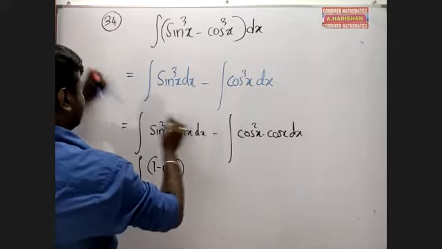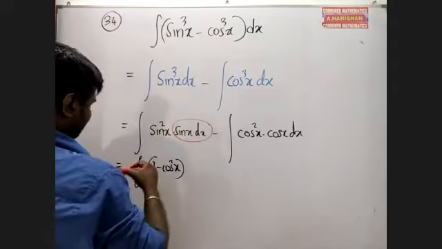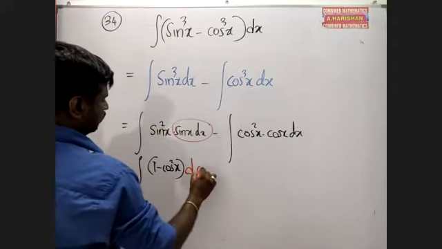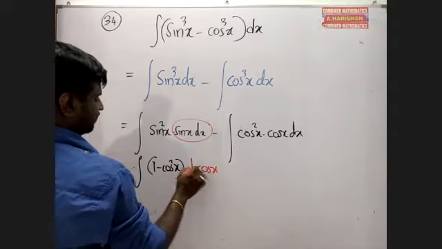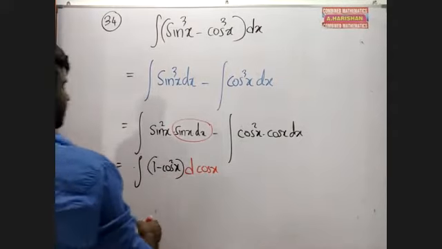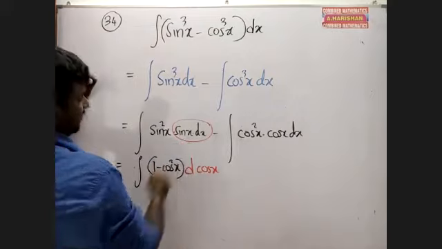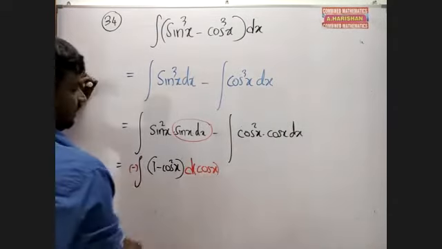At the same time, I can write this sine x dx as d cos x, and I have to put the minus somewhere else, because d cos x is minus sine x, but this is plus. So I put the minus here, right? So this is d cos x.